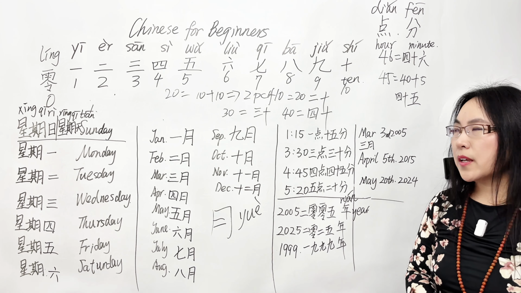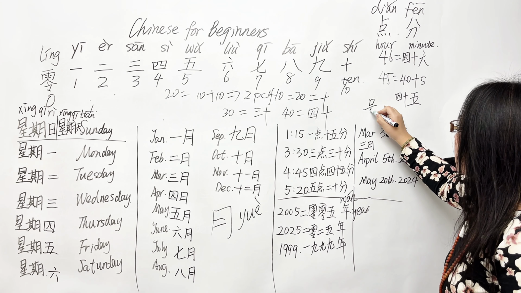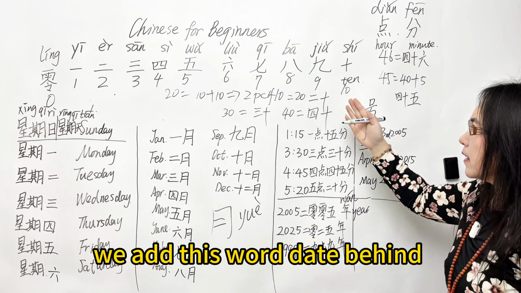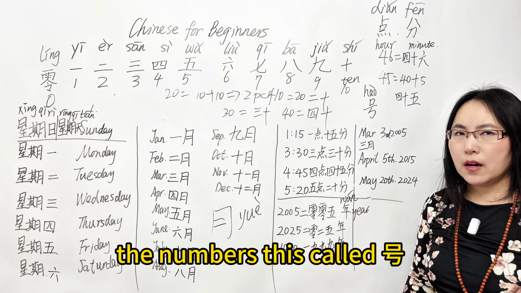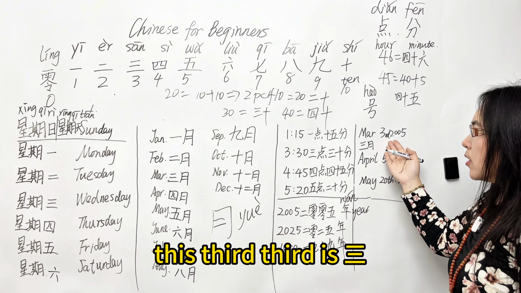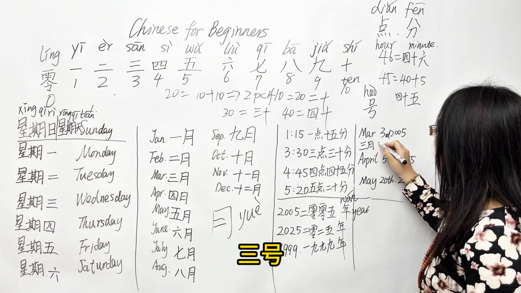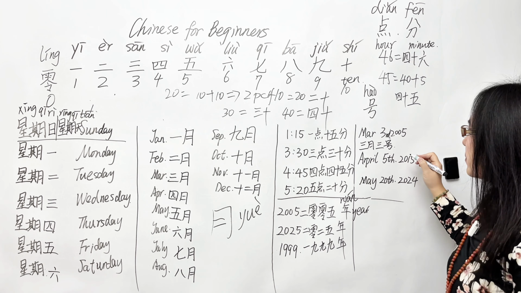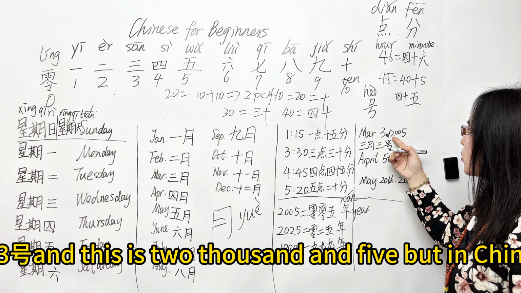The third, we should know another word, date. We add this word behind the numbers. This is called 号. The third is 3号. 3月3号, and this is 2005.